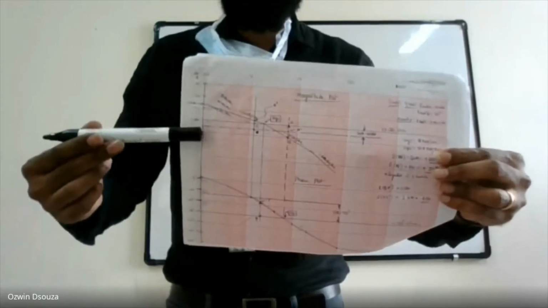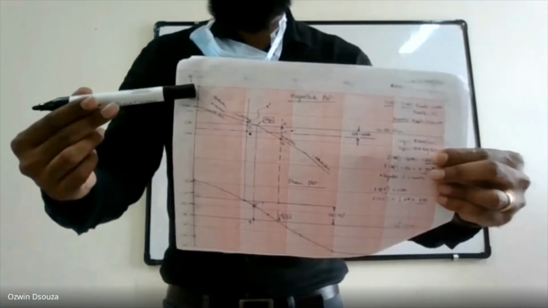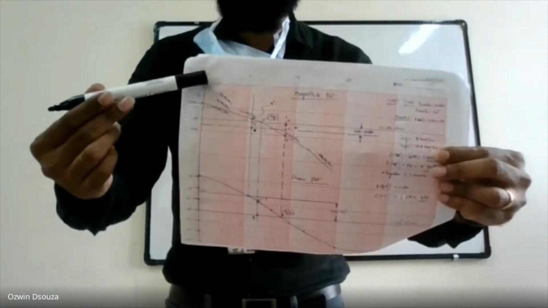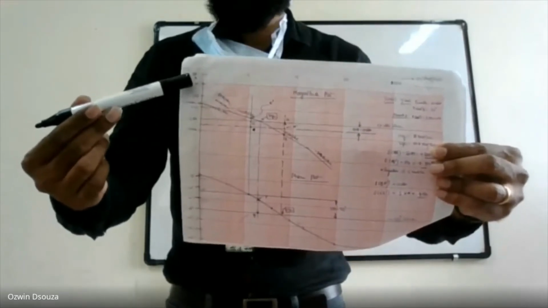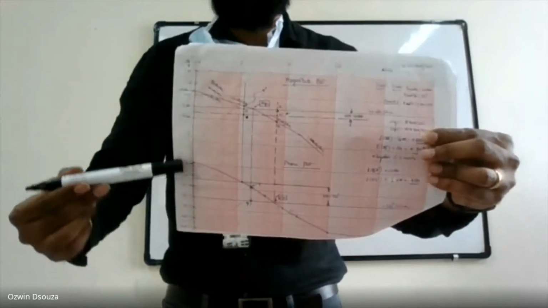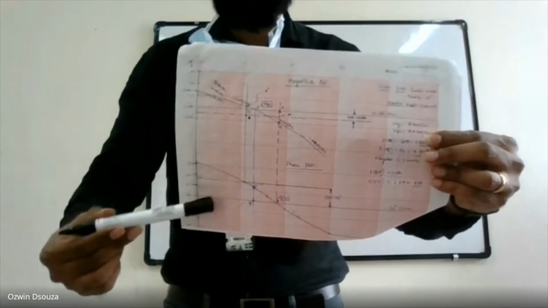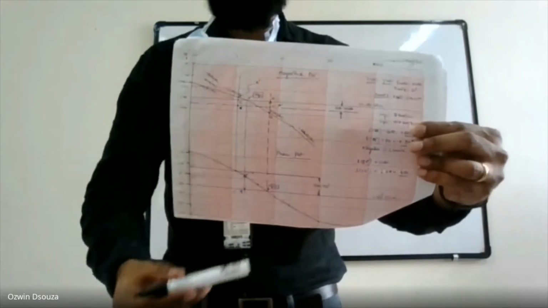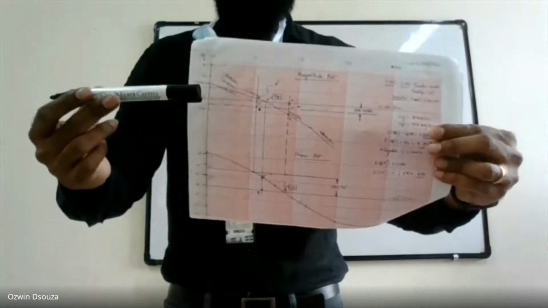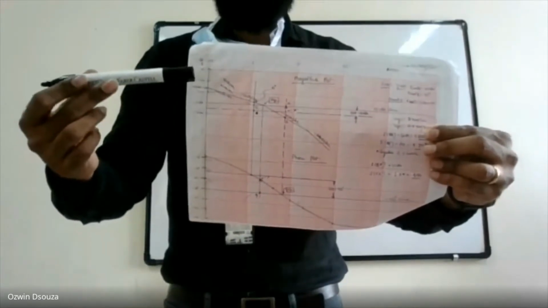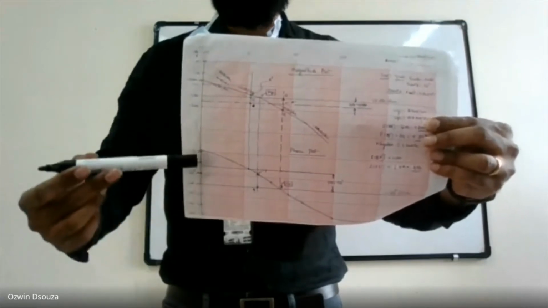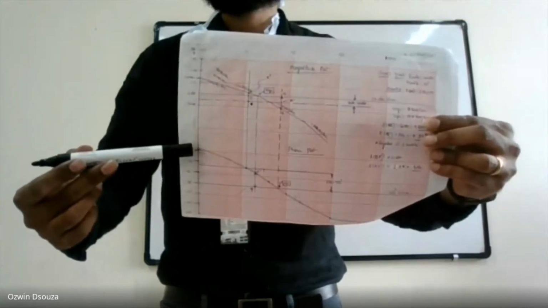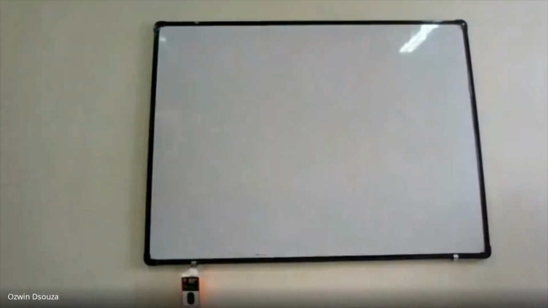One axis you dedicate to the magnitude plot, where you express the variables in decibels, and the second y-axis you use to plot the phase angle variation with respect to frequency. So for the magnitude plot, the y-axis is decibels, and for the phase plot, the y-axis will be degrees.